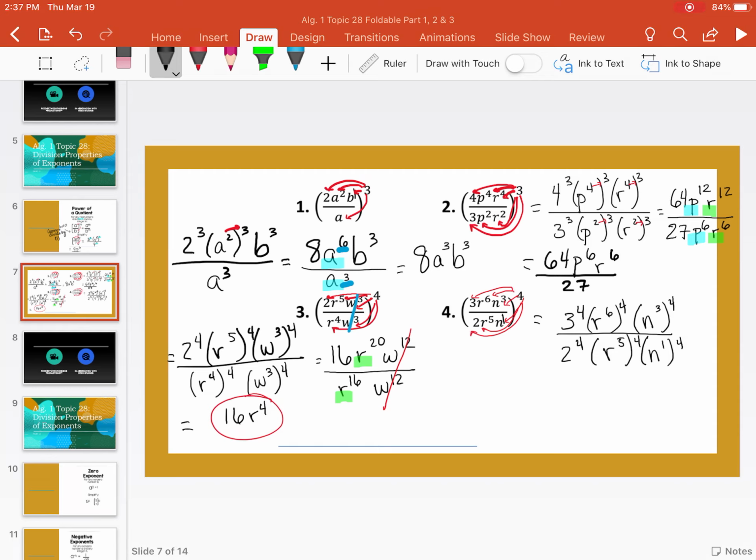So what we get here is 3 to the 4th is 3 times 3, which is 9, times 3, which is 27, times 3 again, which is 81.